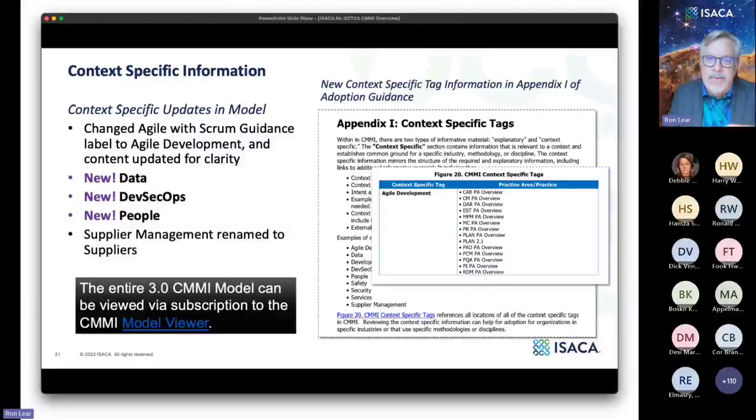And then we've added, within each of the core practice areas and also a lot of the domain practice areas, context-specific information that talks about, if I'm doing, for example, estimating, how do I factor my DevSecOps activities into my estimating process? How do I factor that into my planning process and my monitor and control process? Or if I'm doing data, how do I make sure that my process quality folks are looking at data as well as process? So we have all of these breadcrumbs or tags now throughout the model that can give you this context-specific information. That can all be found here in the model viewer.